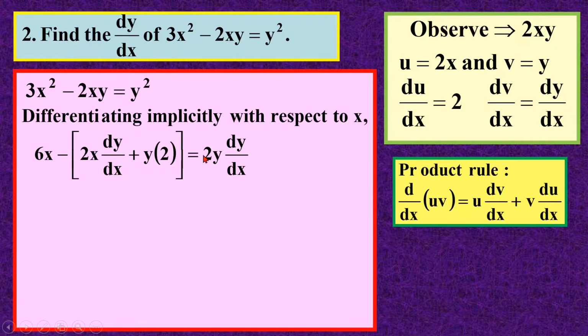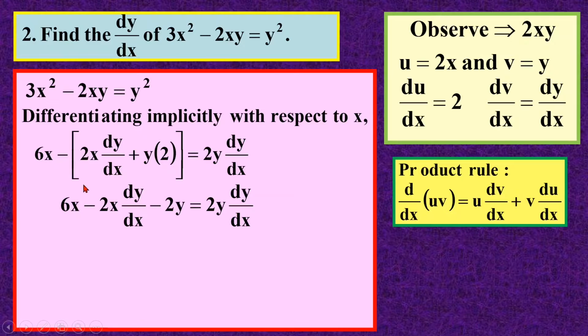But because I'm differentiating a y, beside it I have to write dy dx. Now, the next step will be trying to put all the dy dx on the left hand side and any terms without dy dx, for example 6x and 2y, to the right hand side.